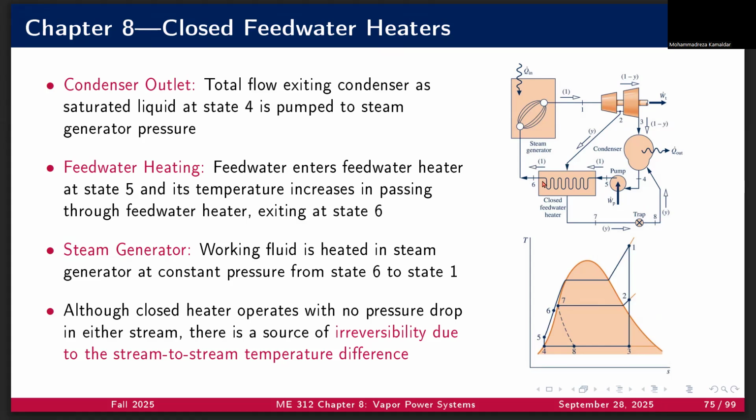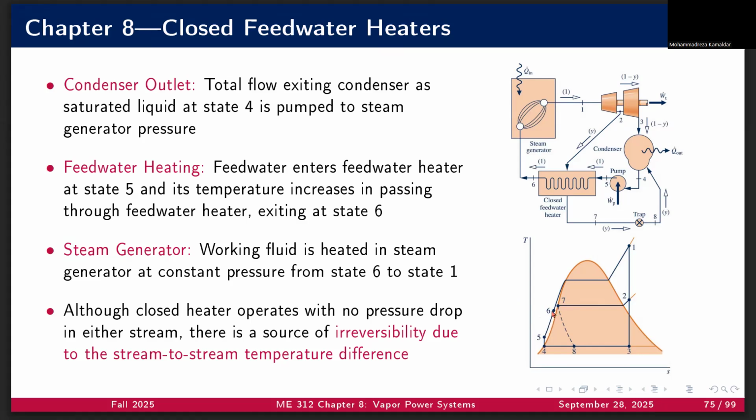And as it passes through, it absorbs heat from the condensing extracted steam, which moves from state 2 to state 7. So the feed water's temperature increases significantly and it exits the heater at state 6. Okay, here's the state 6. Notice on this TS diagram that state 6 is a high pressure compressed liquid state.